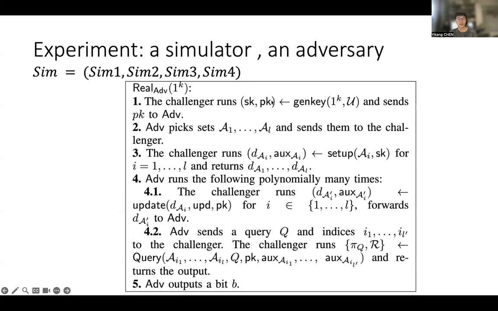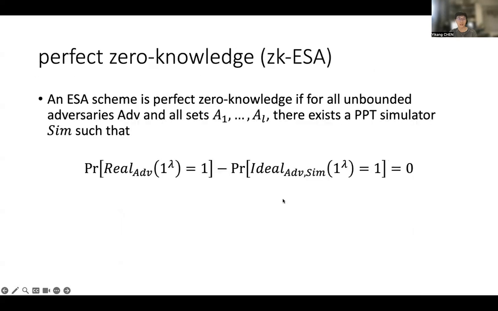The simulator has no access to the set, and it also returns the proof, and the adversary cannot distinguish whether it is interacting with the simulator or view one. That's the perfect zero-knowledge ZK-ESA.